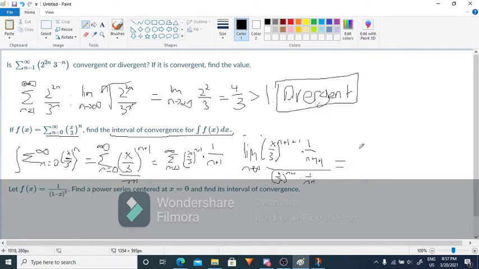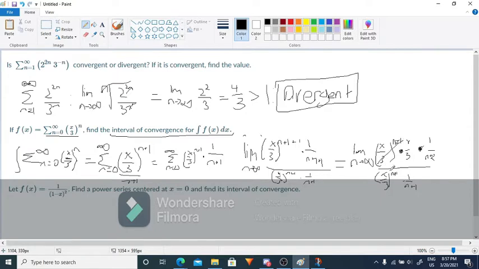So this simplifies to the limit as n approaches infinity of x over 3 to the n plus 2, which I will rewrite as x over 3 to the n plus 1 times x over 3, and then times 1 over n plus 2, which is over x over 3 to the n plus 1 times 1 over n plus 1.